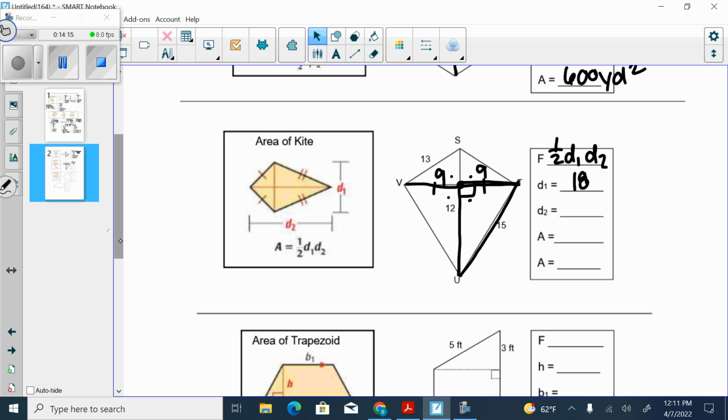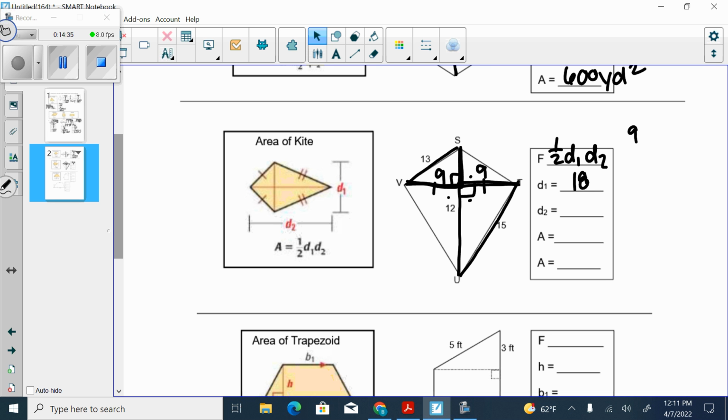Okay. Now for this other diagonal, I already know that this portion of it is 12. I'm just looking for this piece right here. Okay, well, we said these were all right triangles. I know this side's 13, this side's 9. What can I do to find that side? All right, Pythagorean theorem.